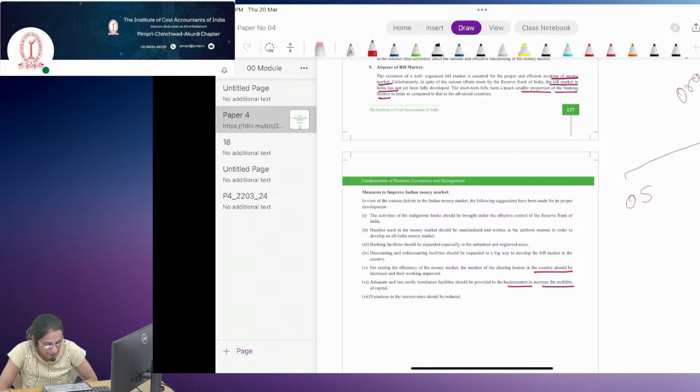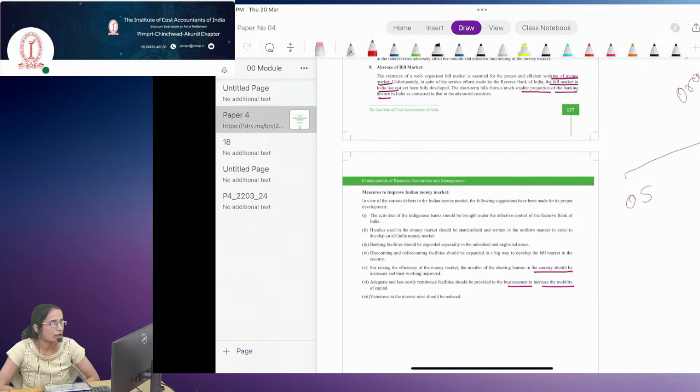Discounting and rediscounting facilities should be expanded in a way to develop the bill market in the country. Another problem we saw is that the bill market is not that well developed in India compared to advanced countries like the US and Europe, where the bill market is far more developed.